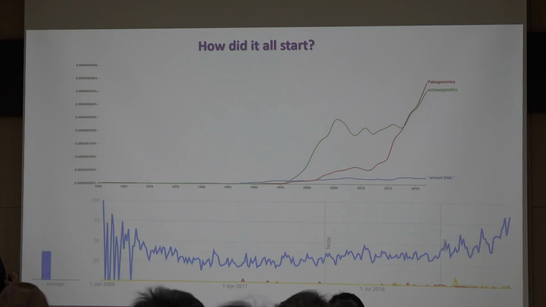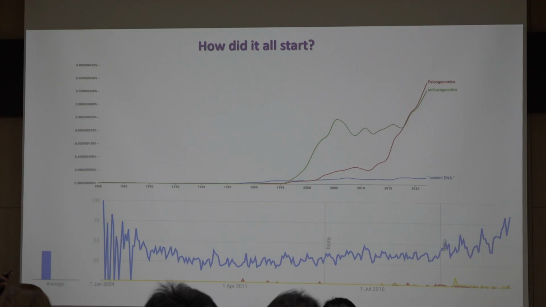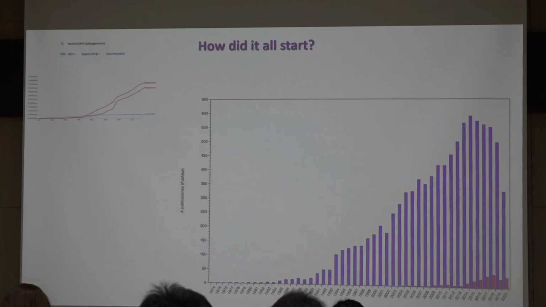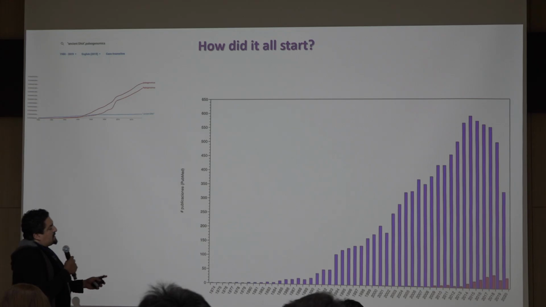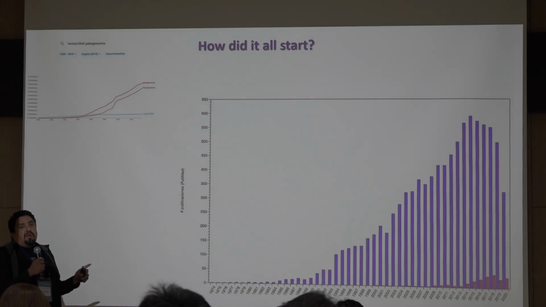We have an issue there already, because how can we communicate efficiently what we found on paleogenomics if the people are searching for ancient DNA? We have to bridge those terms. And a lot of this talk is going to be about bridging things, bridging fields, bridging communities, and also terms. And so, as I was saying, the number of publications has risen steadily.